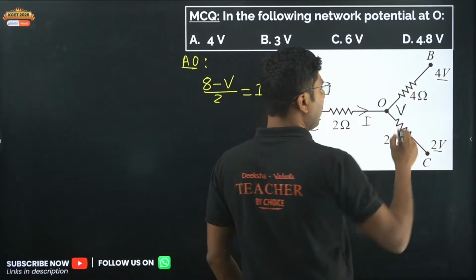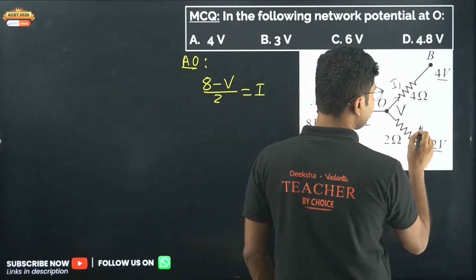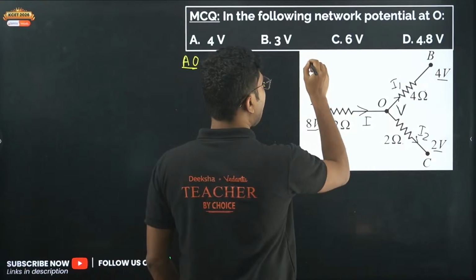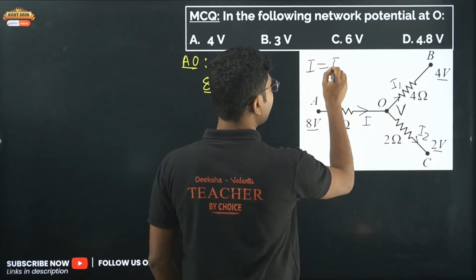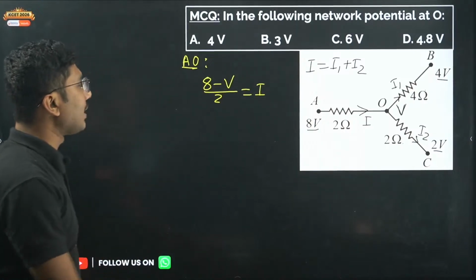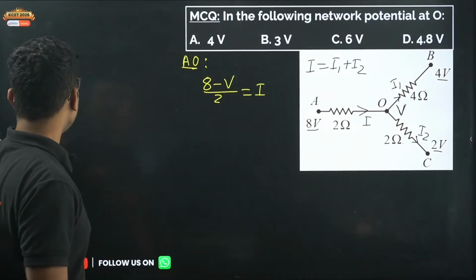Now there will be current I1 through this and current I2 through this. From Kirchhoff's law we can say that I must equal I1 plus I2. So if we can calculate I1 and I2 and add them, then we can compare and find the value of V.